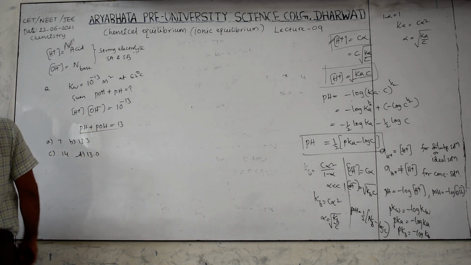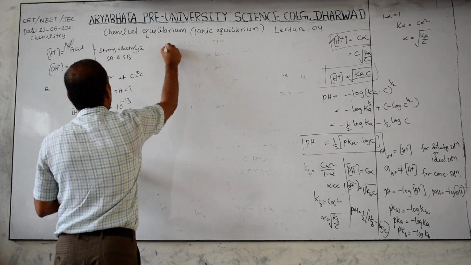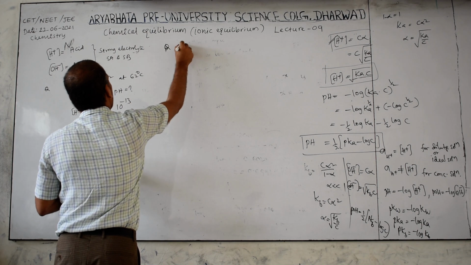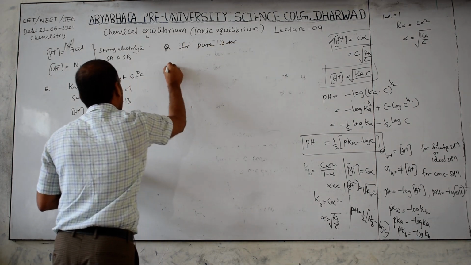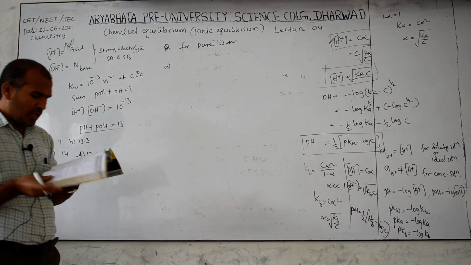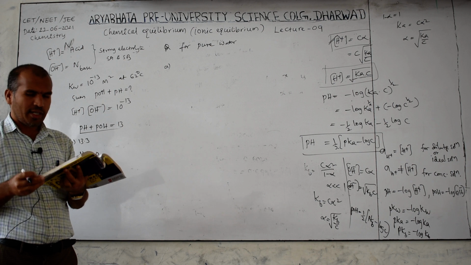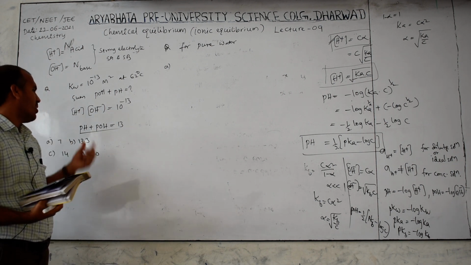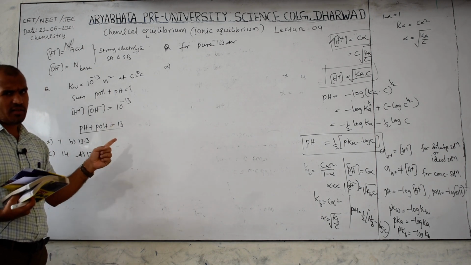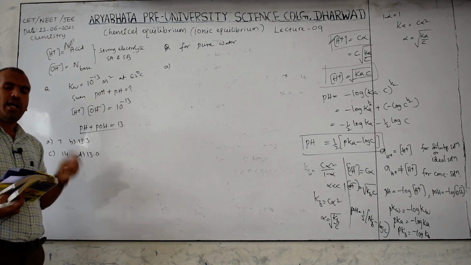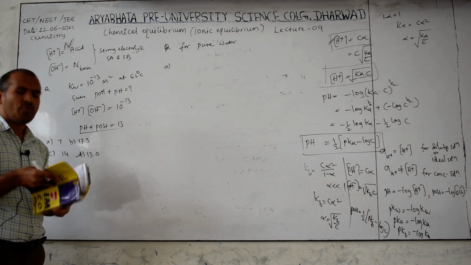Similarly, the question is for pure water. Option A, listen carefully: pH increases while POH decreases with rise in temperature. Keep in mind, pH plus POH is equal to 13 at this temperature, and at normal room temperature, pH plus POH is equal to 14.